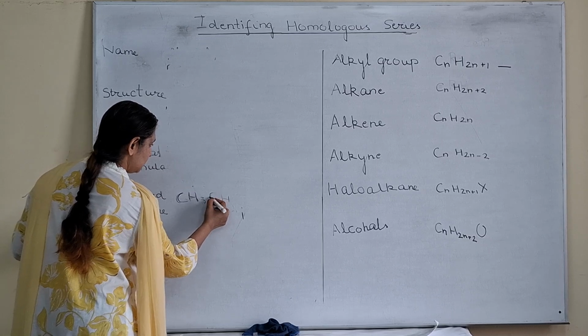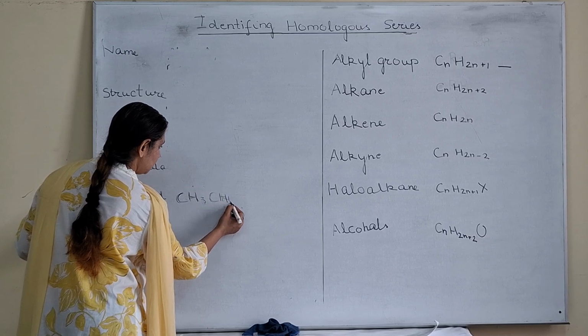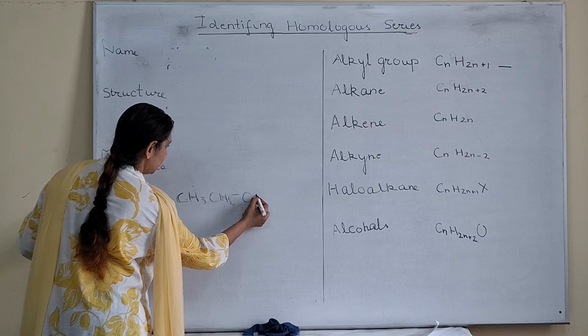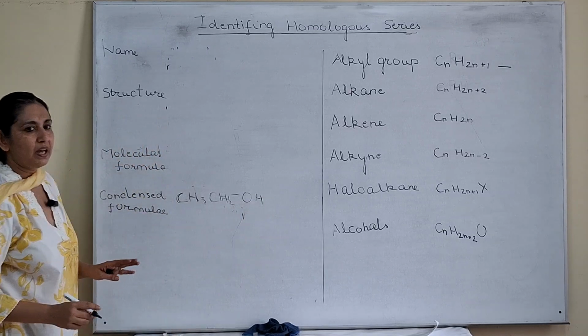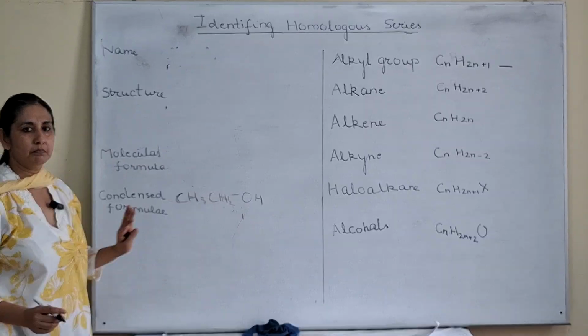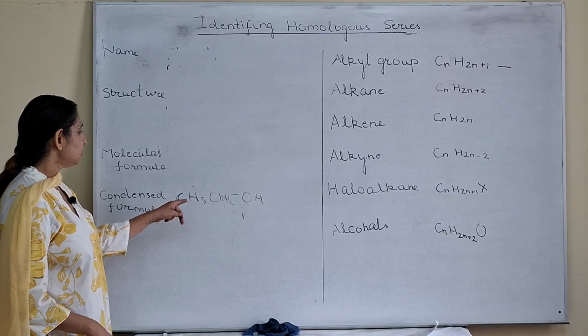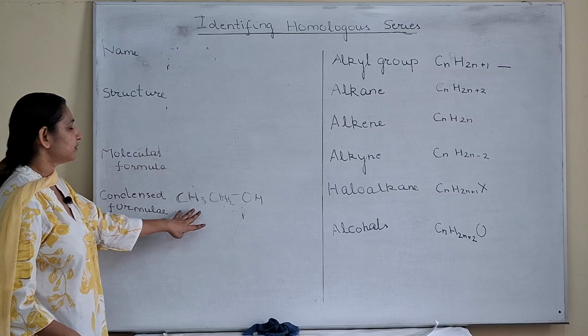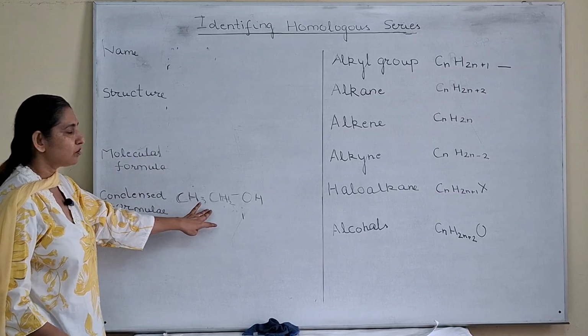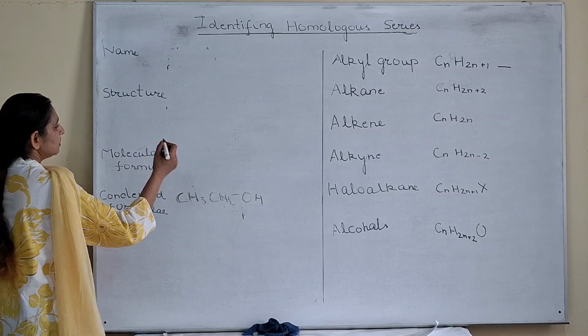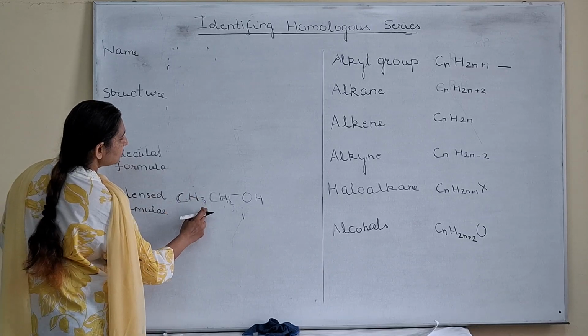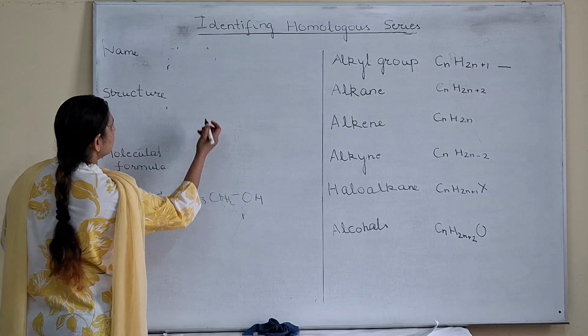CH3CH2OH. So this is given to you, and you have to find everything about this compound, including the name, including the structure, everything. First of all, let's draw the structure from here. Condensed formula, so let's make the structure. So what will it be? How many carbon atoms? 2 carbon atoms.